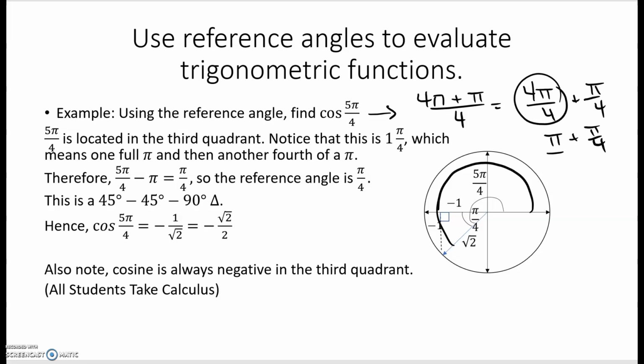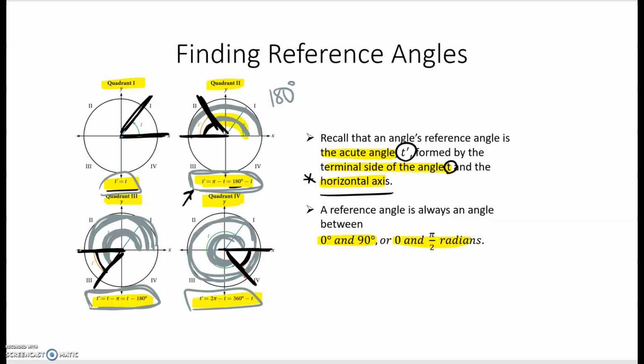Everything I just said is right there in writing. Since we are in the third quadrant, we are using this formula. The reference angle is the angle they give us minus pi, or the angle they give us minus 180.